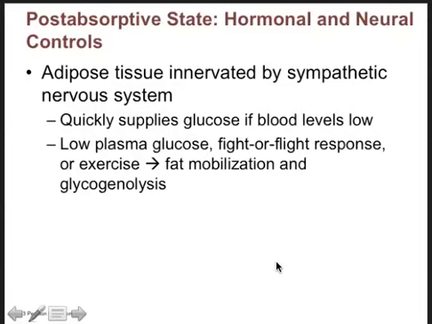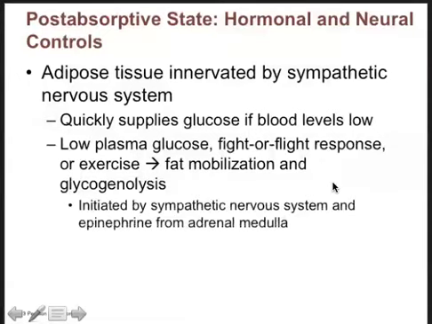Low plasma glucose in the fight or flight response or for exercise results in fat mobilization and glycogenolysis as a result, again, of sympathetic nervous stimulation. As a result, blood glucose levels begin to rise and we're able to meet our emergency energy needs.